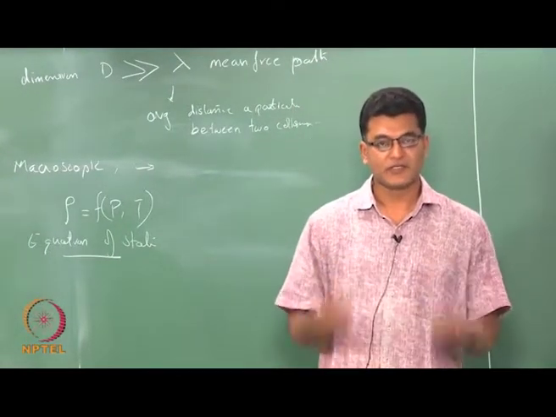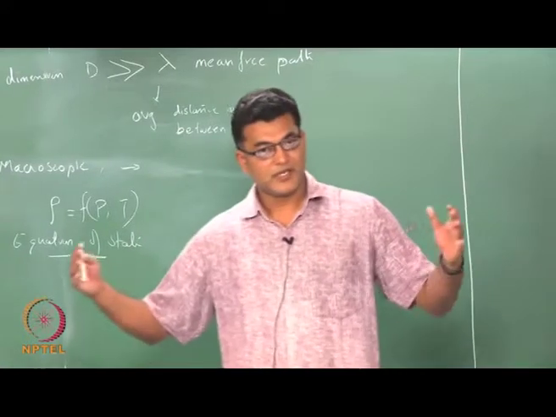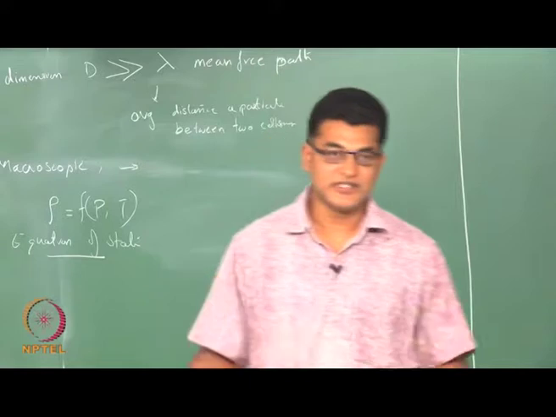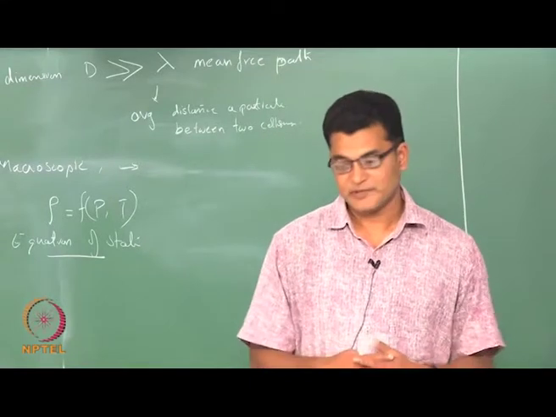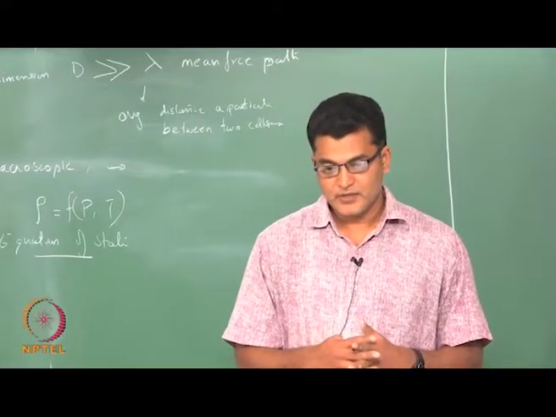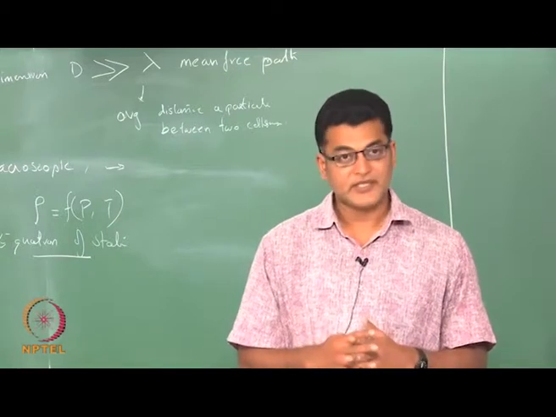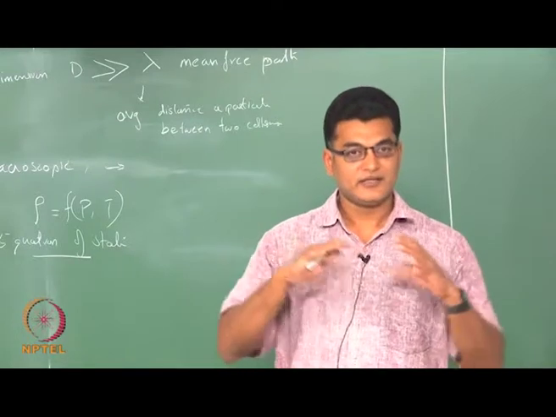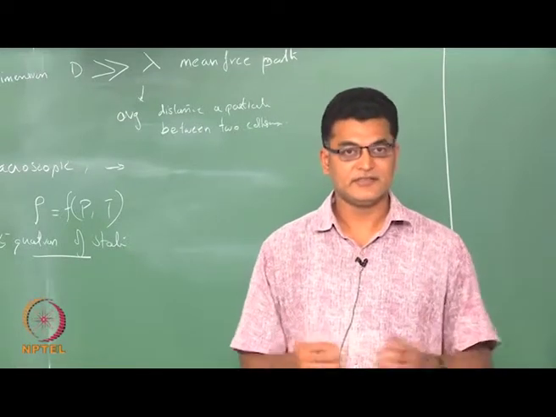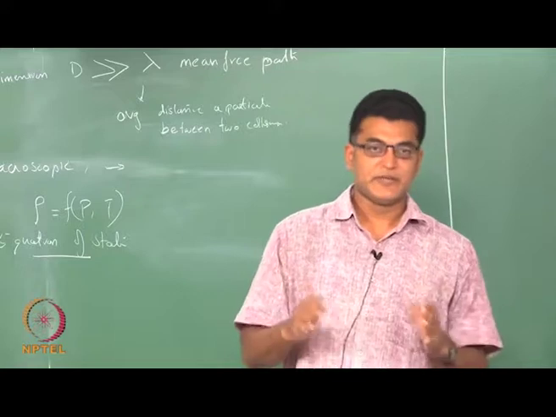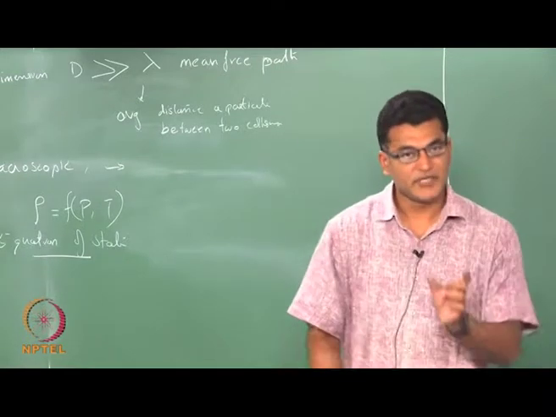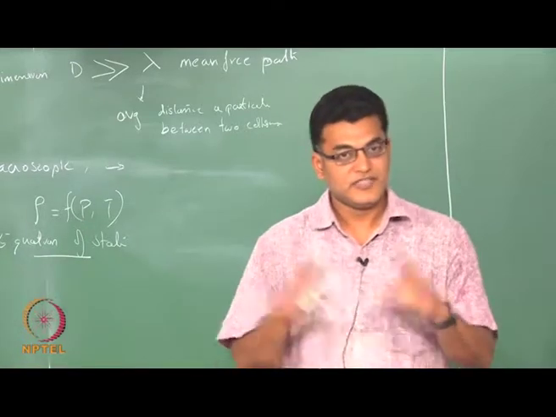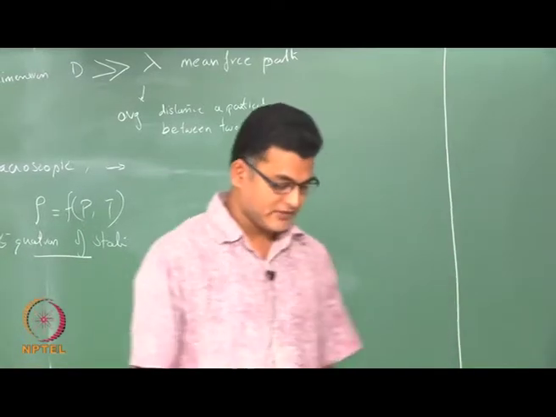For liquids and solids, you will have lengthy equations which may be a polynomial, a series function or an exponential function. But what is to be understood here is that there is no single equation that is valid for the entire set of liquids, solids or gases. Some equation may be valid for some regimes of temperature or pressure. So you will see different kinds of equations of state.